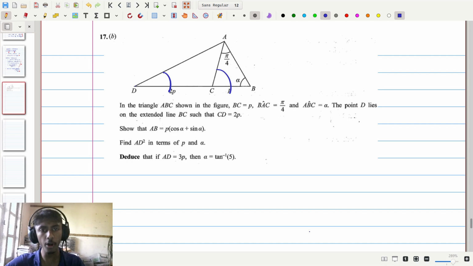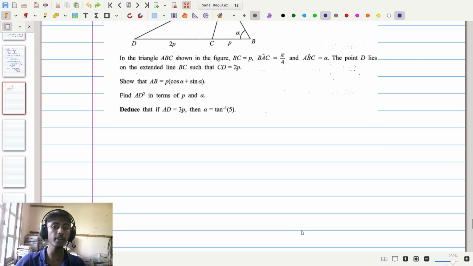So according to that, if we consider pi by 4 here and alpha here, the angle ACB must be equal to pi minus the sum of these two, which is pi minus (pi by 4 plus alpha).